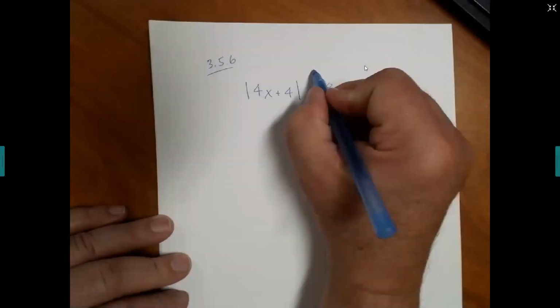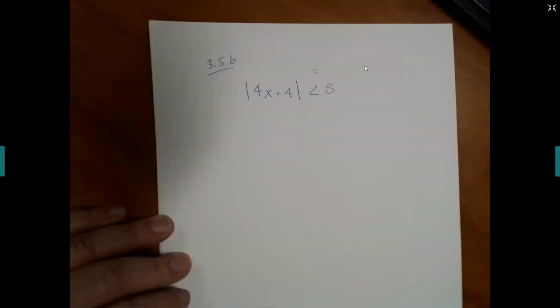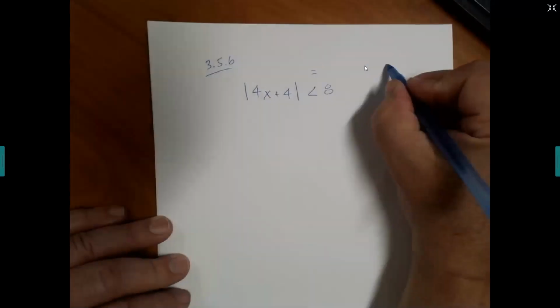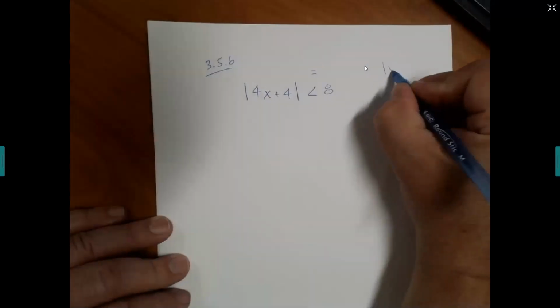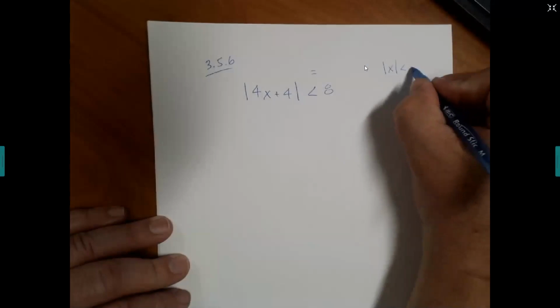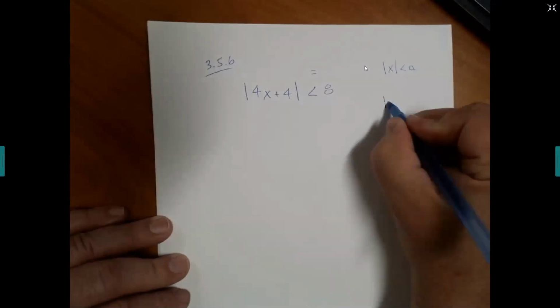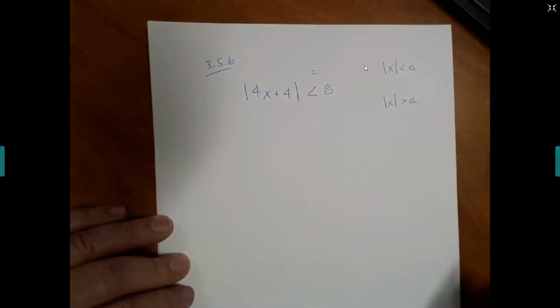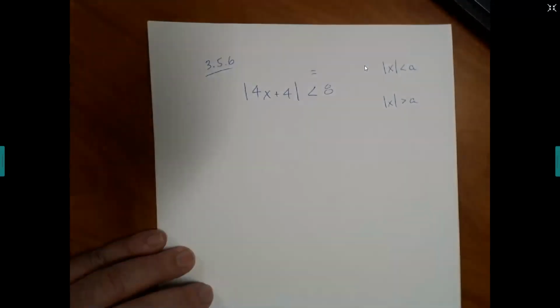Remember, treat these the same way you do an equal sign. In chapter 1, we discussed the properties, the formulas, whenever you have greater than or less than. Does anybody remember those? What's the formula?